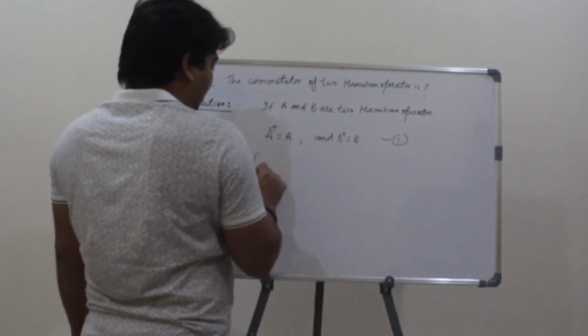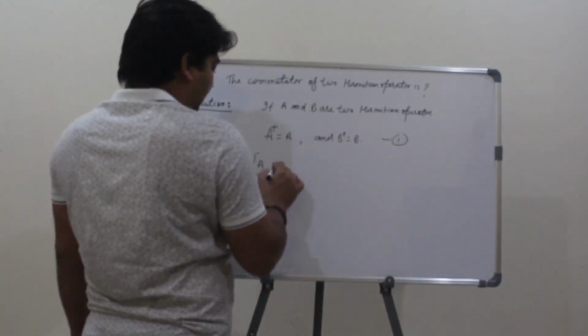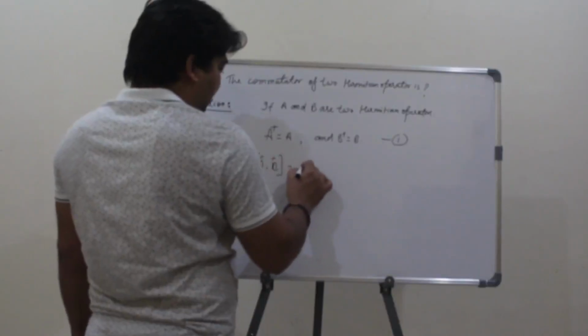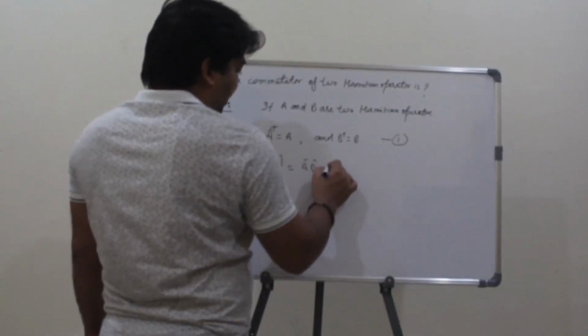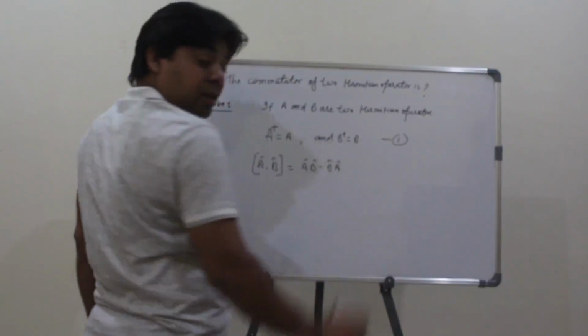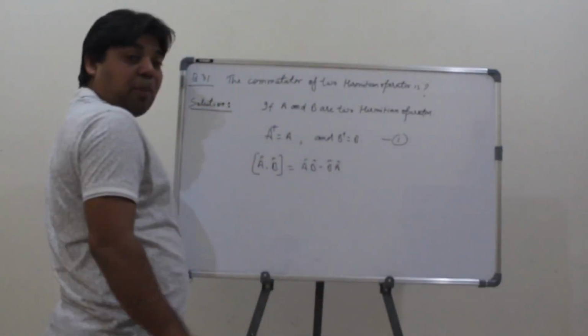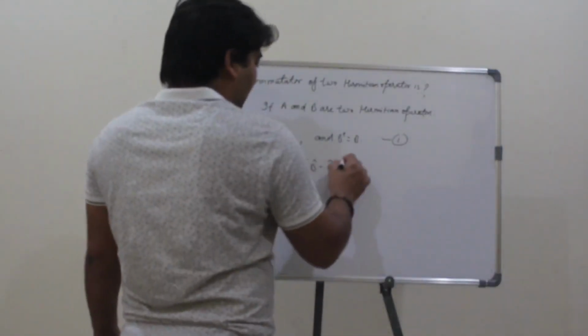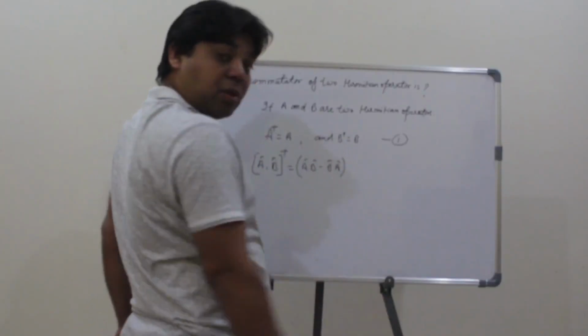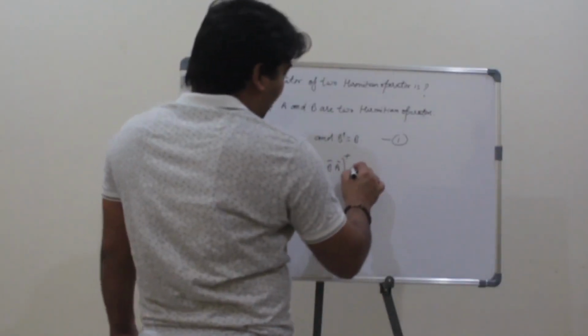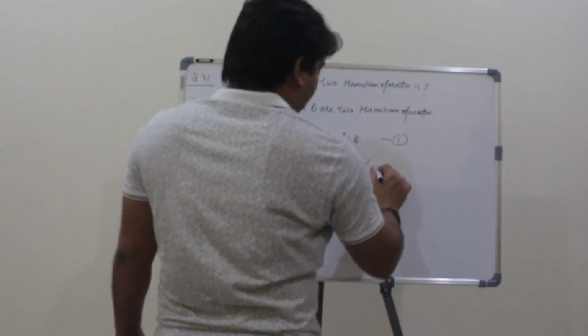Now, what is the commutator of A and B? A and B as an operator gives you A cap B cap minus B cap A cap. Remember that these are operators. Now let's take the Hermitian conjugate of this. What does it give you?